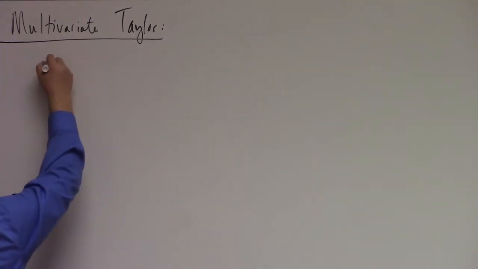So what is the multivariate Taylor series? If I have a function of two variables, here's what it looks like.